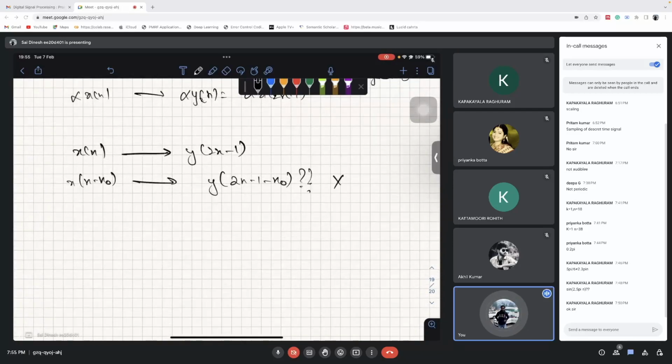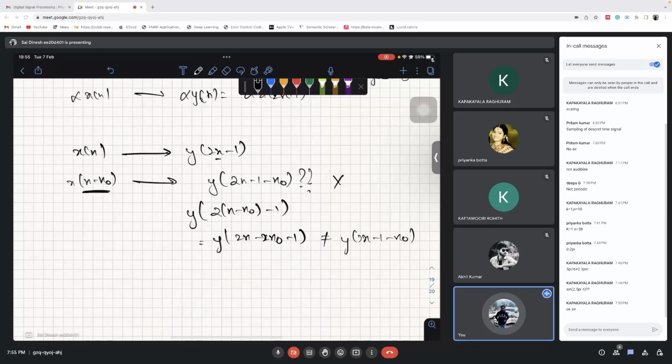So it should be, as I mentioned earlier, during the shifting and scaling, the shifting is only done to the independent variable. So it should be y of 2 of n minus n naught minus 1, which is y of 2n minus 2n naught minus 1, which is not equal to y of 2n minus 1 minus n naught. Hence it is not time invariant.